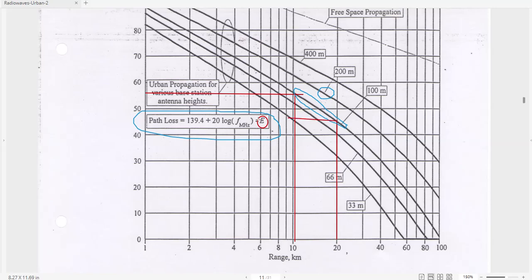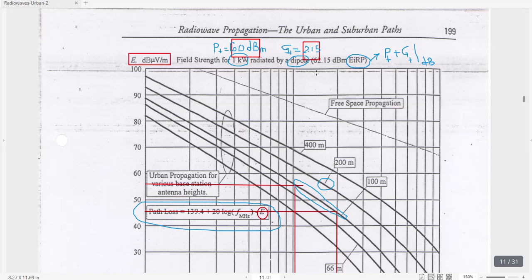Or we can read directly the electric field. It is maybe around 46 dB micro. If you use the ruler, you will get a more accurate answer, but this value is valid only for 62.15 dB EIRP.